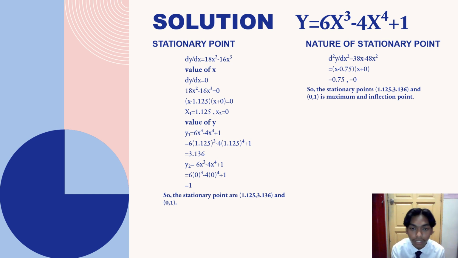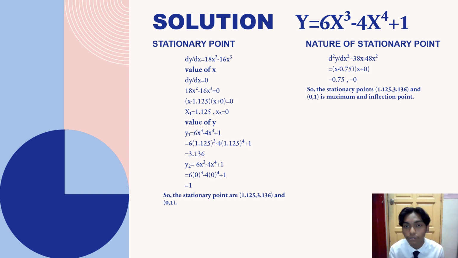The first one is (1.125, 3.136), and the second one is (0, 1).